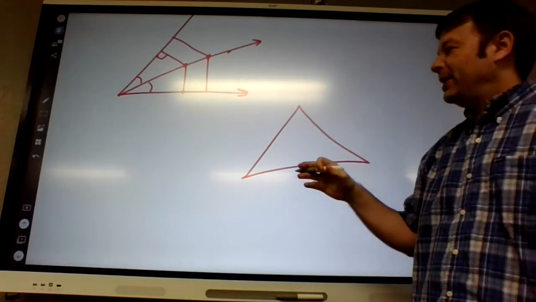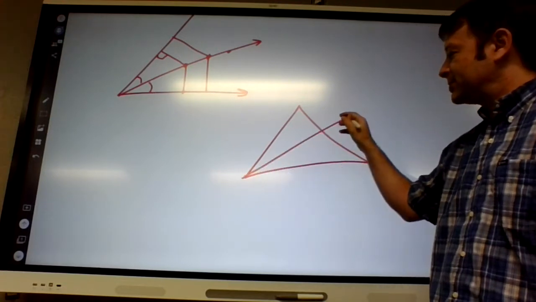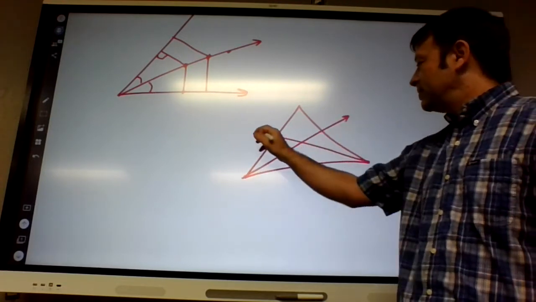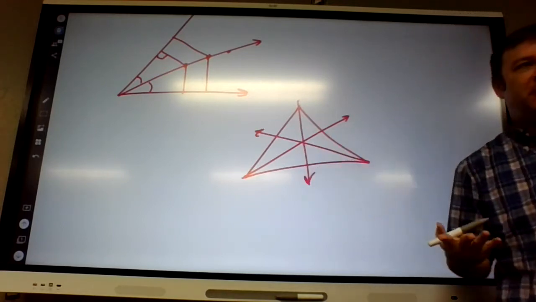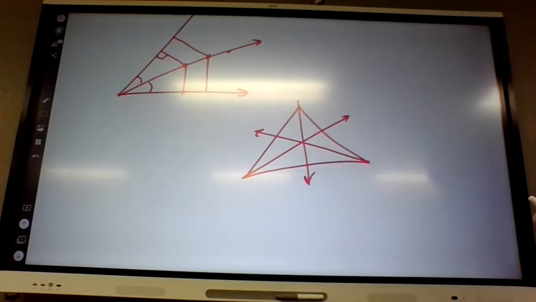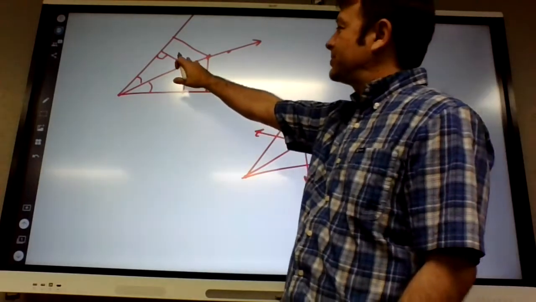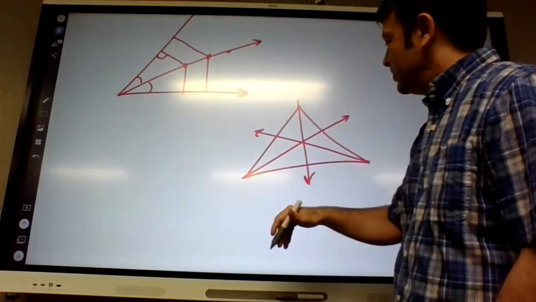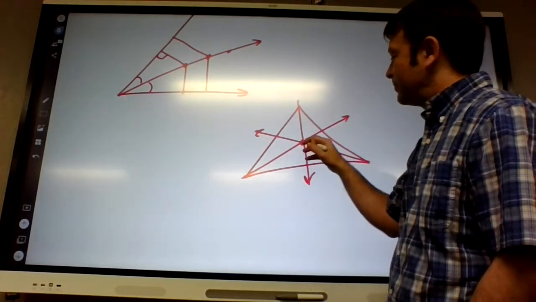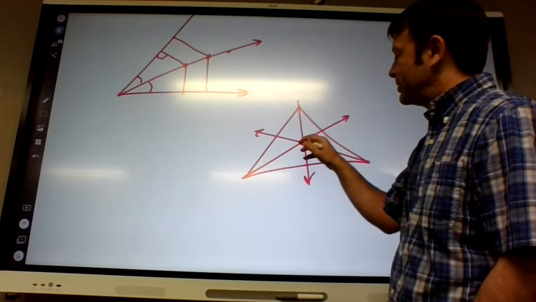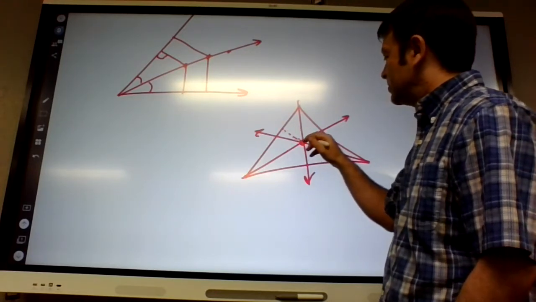Okay. Anyways, so if we draw angle bisectors in there, guess what? They meet at a point again. And based on this little thing we talked about up here, they're going to be equidistant from the sides, so that means this point that they meet at is the same distance from each side.